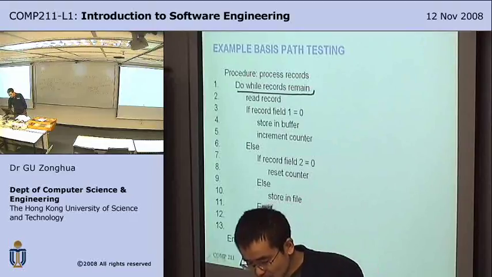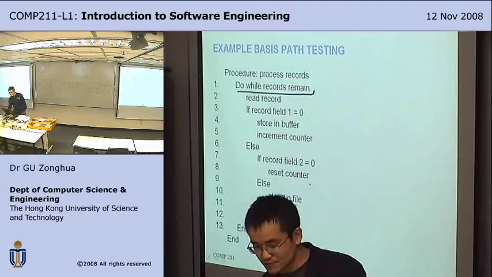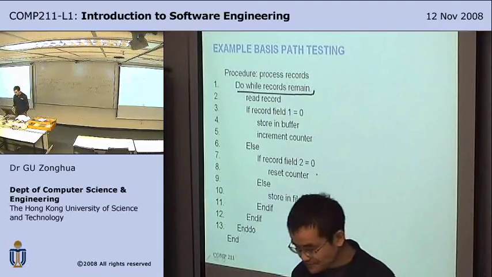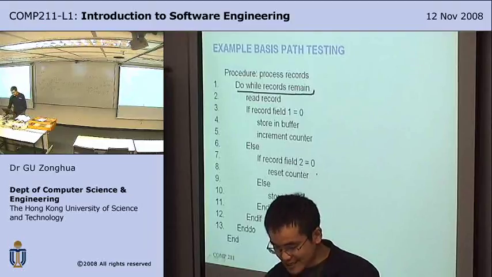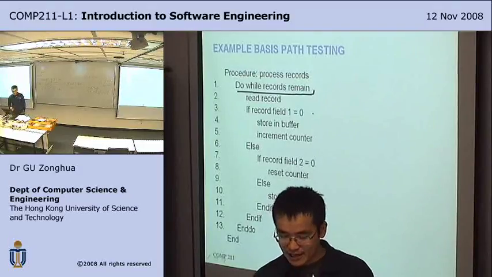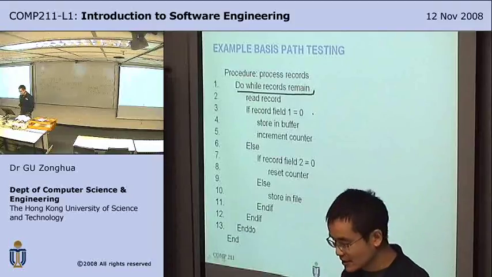Else, if record field 2 equals 0, reset counter, and else store in the file. Essentially this is counting how many records have field 1 equals 0.